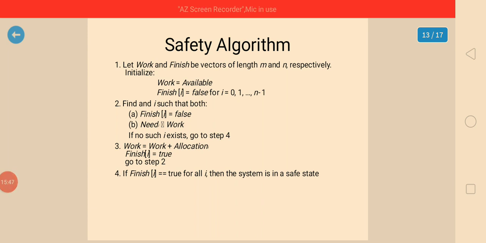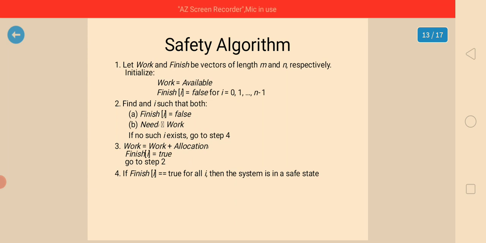Safe state algorithm. Let Work and Finish be vectors of length m and n respectively. Initially Work equals Available, and Finish[i] equals false for i equal to 0 up to n minus 1. Find an i such that both Finish[i] equals false and Need[i] is less than or equal to Work.